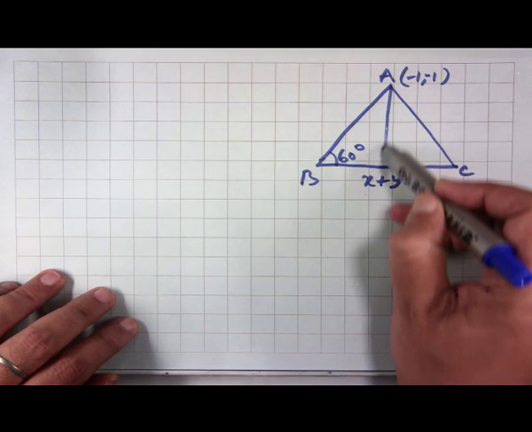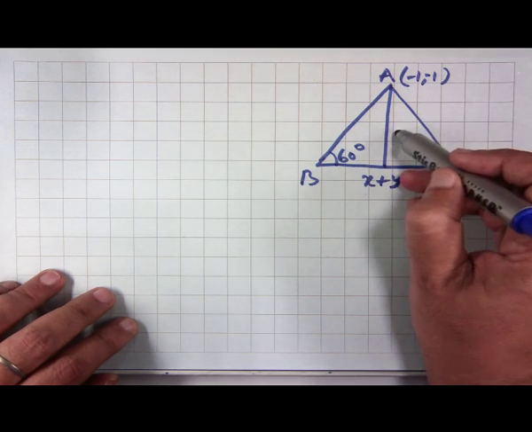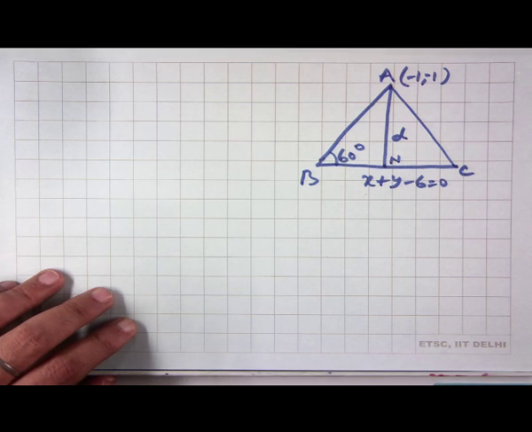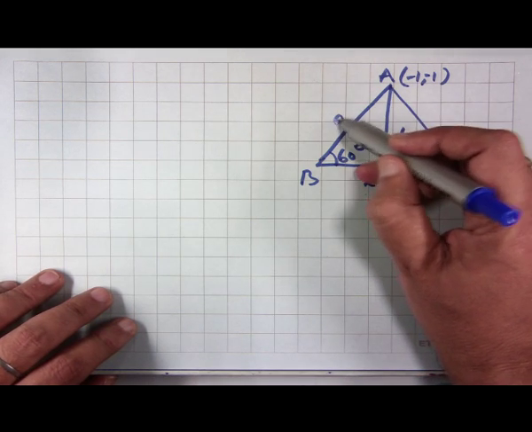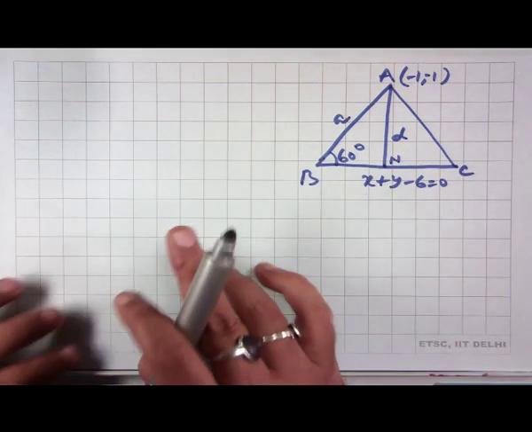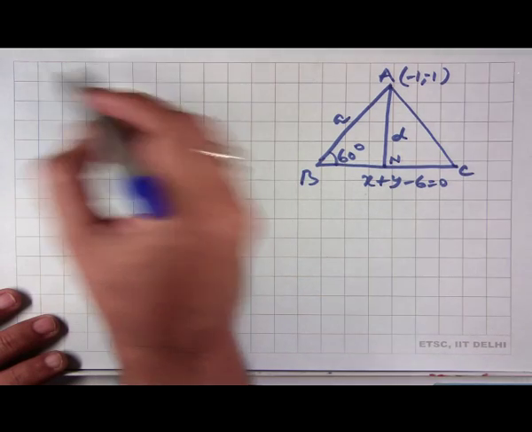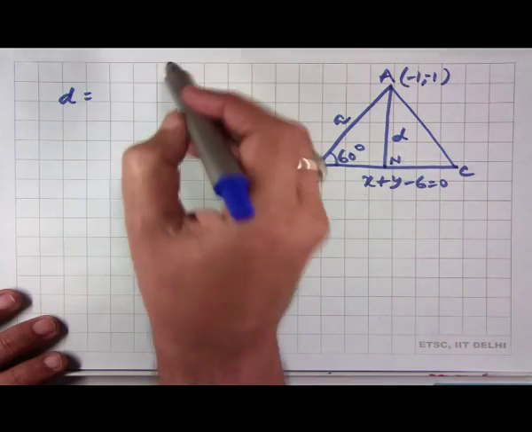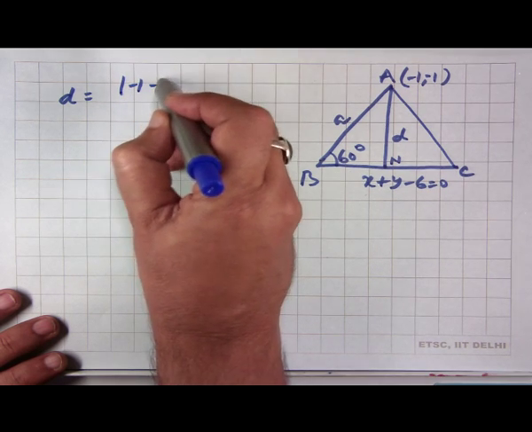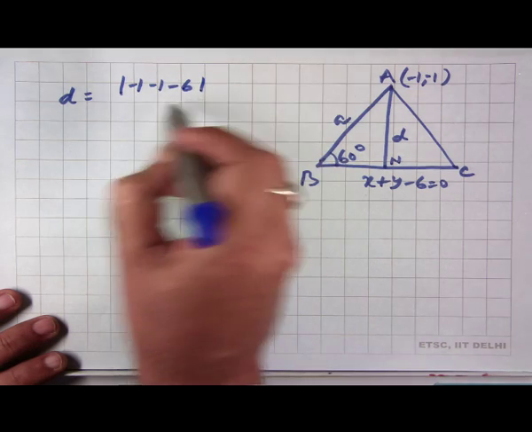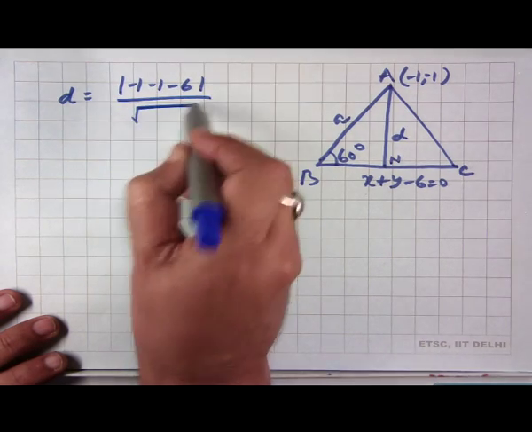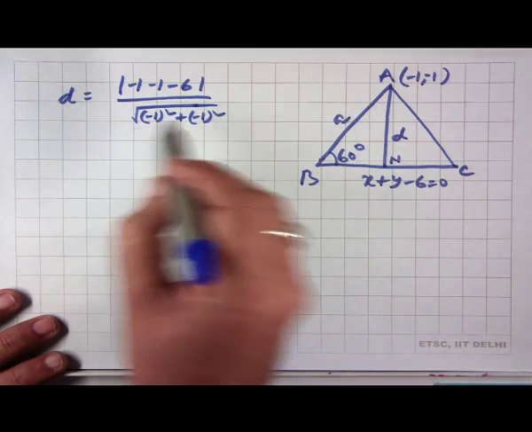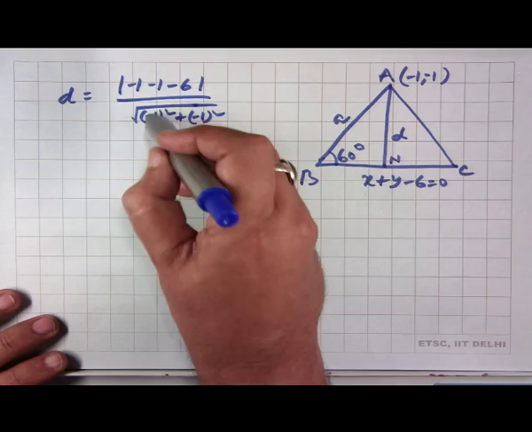Draw this perpendicular, say this is AN, the length of this perpendicular is D, and the side of this equilateral triangle is A. So D is equal to, by using the distance formula, mod of minus 1 minus 1 minus 6 by root of 1 square plus 1 square.